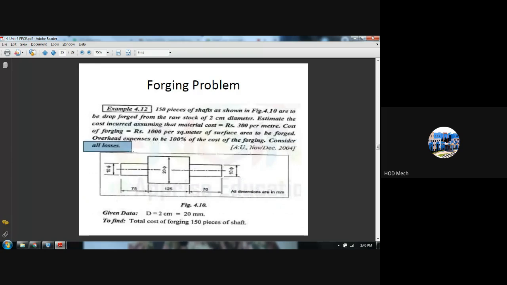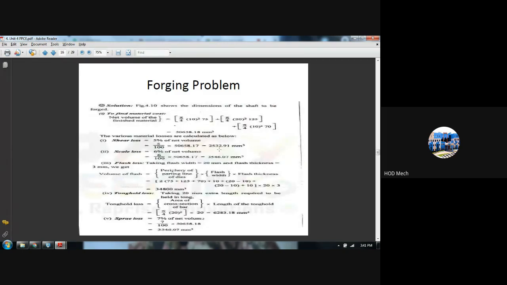So the 5 losses in forging, you have to consider all of them. In case the problem says consider only flash loss and shear loss, you should not talk about the remaining 3 losses. If the problem specifically says consider only this type of loss, only that you take into consideration. When the problem says consider all losses, then it is mandatory that you consider all 5 losses.